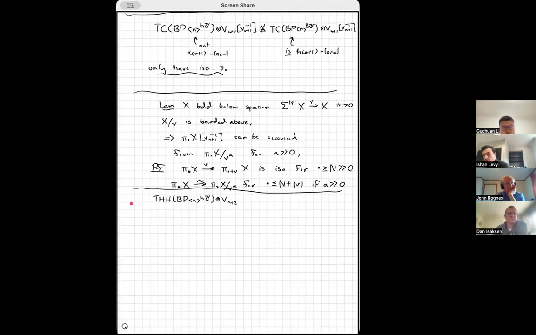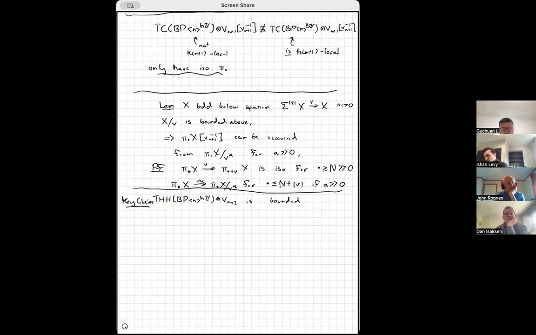Okay, so what was I going to say? So here's the key claim. Here's the key claim that we're going to need, and I'm going to slightly modify this claim later. But here's the preliminary version of the claim. The key claim that we're going to need, that I'm not going to prove today but I'll say something about next time, is that this THH of BP<n> fixed points by Z, tensored with a type n+2 complex, we want to show that this is bounded.